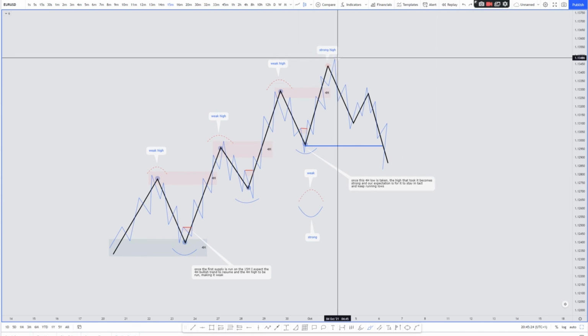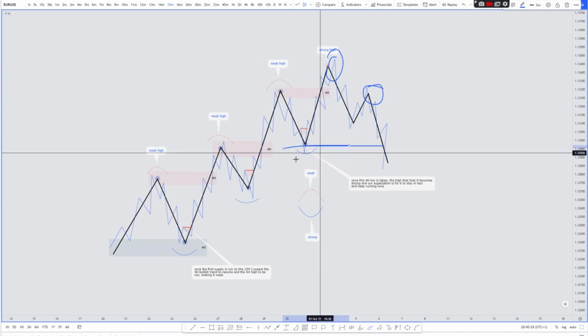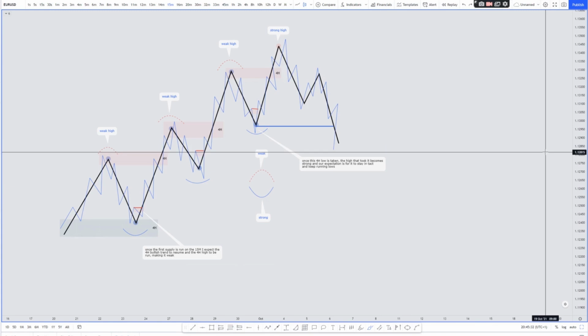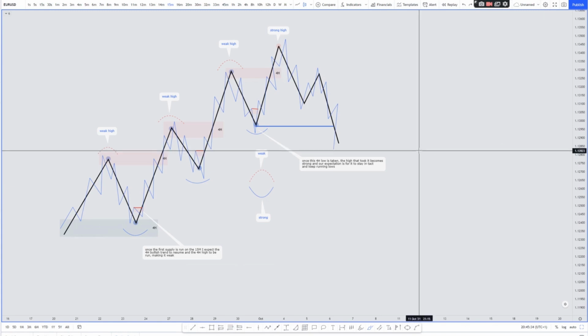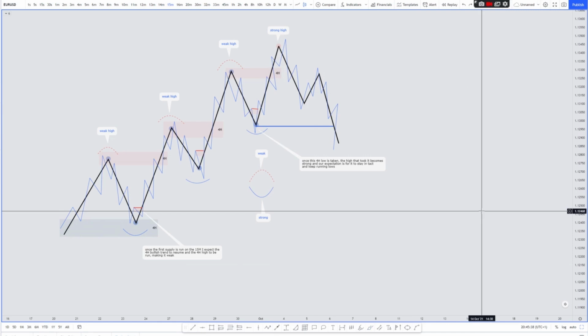And as long as we're going down, we expect the highs to be respected and the lows to keep going. So this is the whole idea behind weak points and strong points, and these help us align ideas for where we want to take trades from.